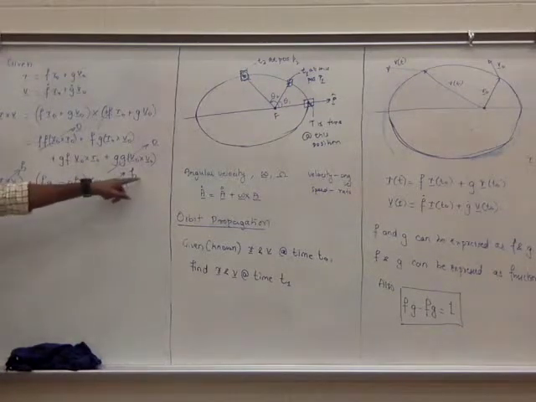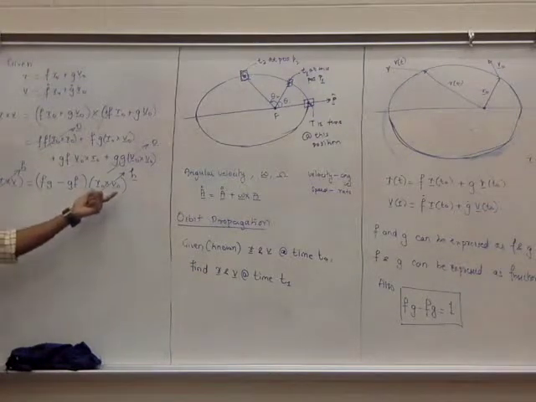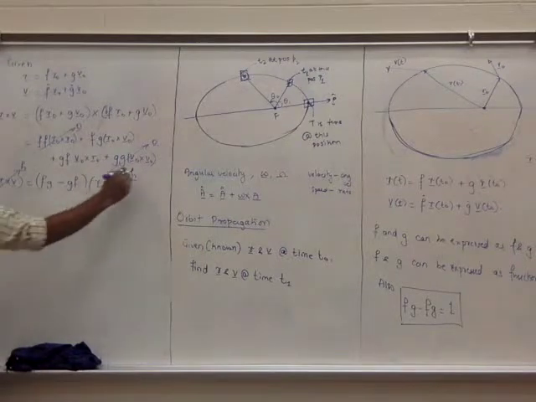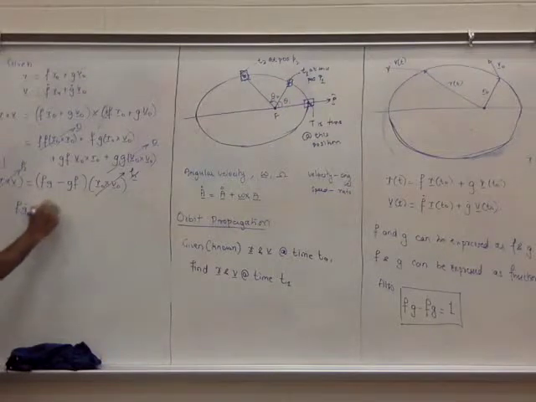So this need not be h naught. h naught, h of t, it doesn't matter which point you are in an orbit. r1 cross v1, r2 cross v2 will always be the same. Will always be h. So you can just say this is 1. Okay. So what you're going to get is f g dot minus g f dot is equal to 1.